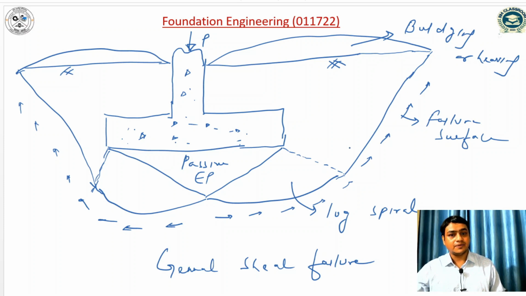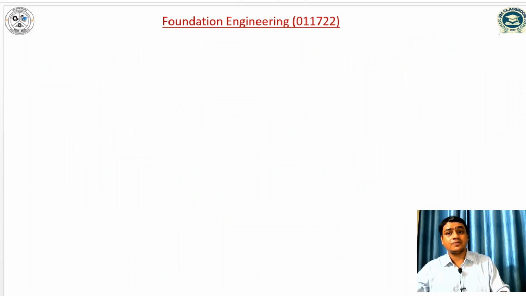We can easily see the failure surface, and the failure surface touches the ground surface, and there is bulging or heaving at the ground surface. The next thing I told you is that there is a sudden failure, so sudden failure will occur. And the load settlement curve, if I draw.